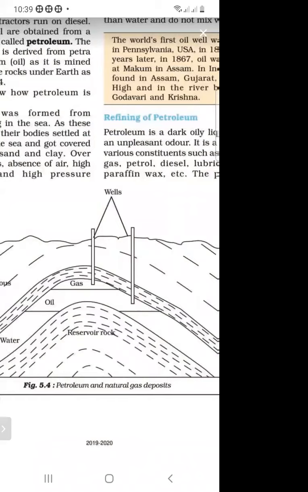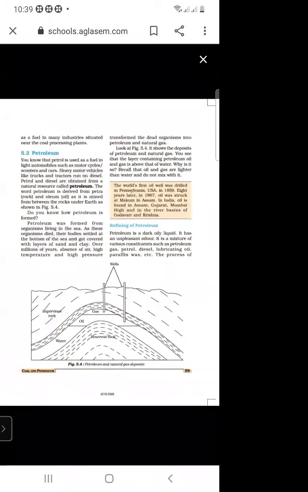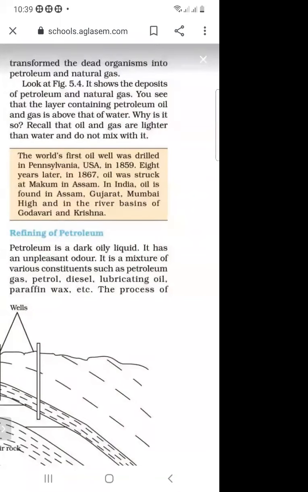Look at figure 5.4. It shows the deposit of petroleum and natural gas.